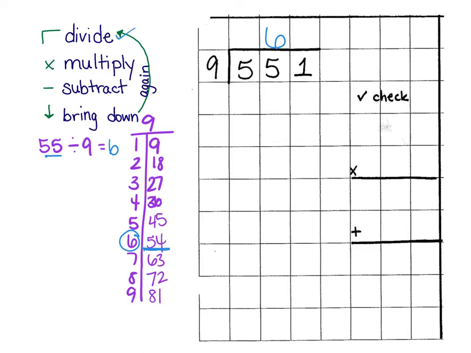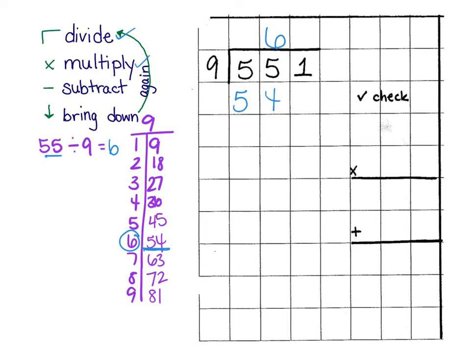Now we multiply. 6 times 9 is, so then we look here, 9 times 6 is 54. So we write 54 underneath. Now we've multiplied.